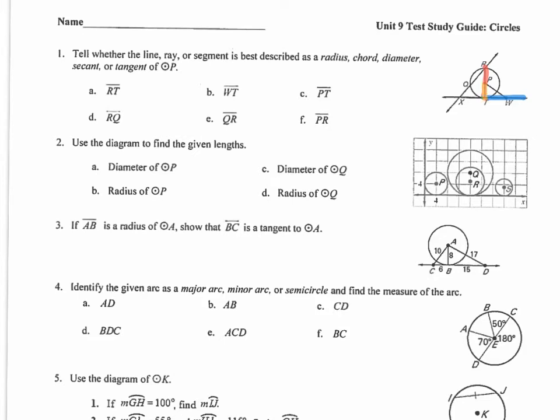PT is a radius. RQ is a line. It goes through my circle twice. It's a secant. QR, notice QR is just a segment, so it's a chord. And PR is another radius.